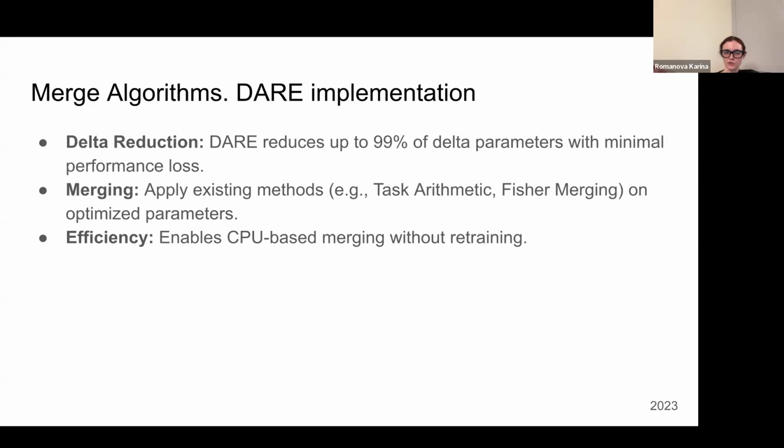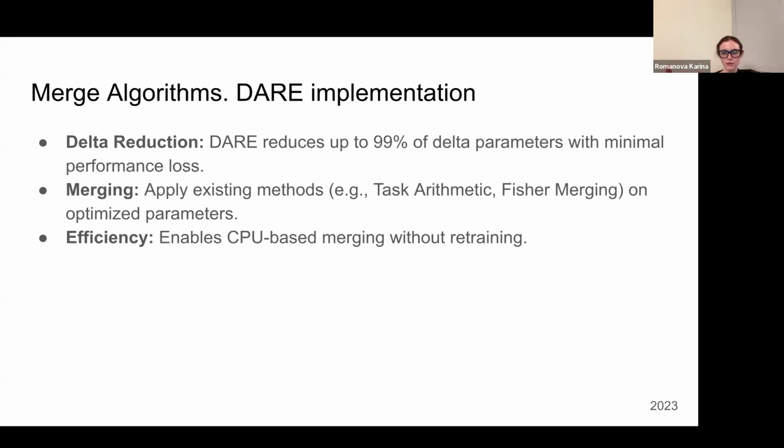Then, as I said, like dropout, we randomly select a proportion of delta parameters and reset them to 0, effectively reverting those parameters to their pre-trained values. It looks really like a dropout because we do the same operations and use the same idea, but in a different way.